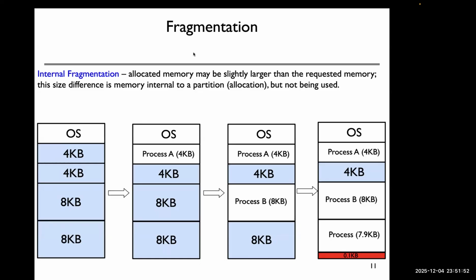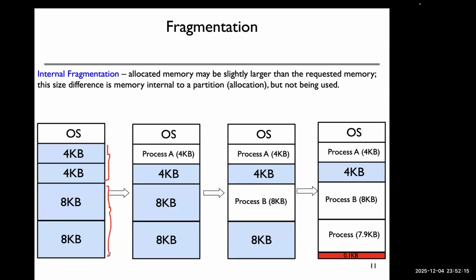So for example, let's say we first load the OS, and this blue color shows the free memory space. Let's say we partition the memory into two sets. In the first set, we have two chunks of 4 kilobytes, and in the second set we also have two chunks, each of size 8 kilobytes, right?